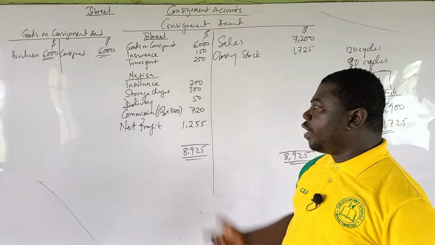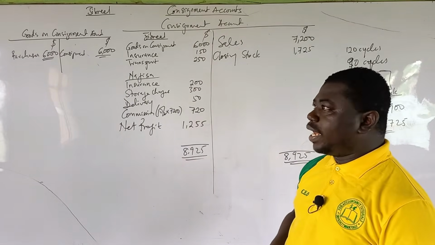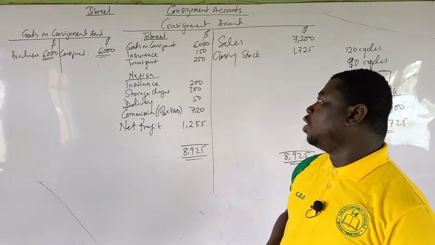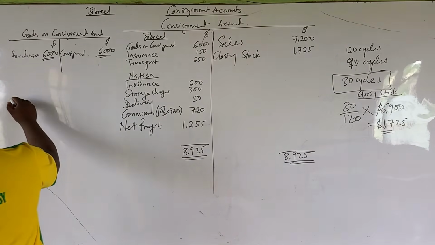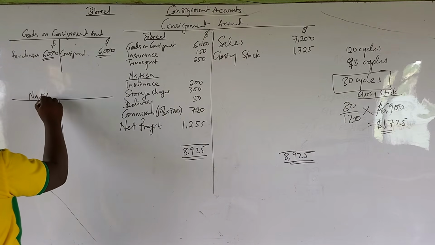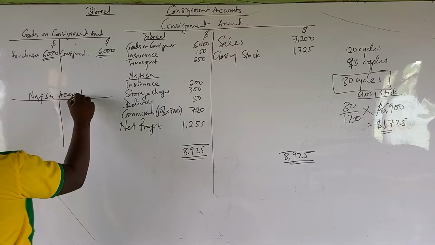profit. So now that we have done this, let us quickly look at the last aspect, which is the agent or the consignee account. So we are going to prepare Nafisa's account. Nafisa is the consignee.